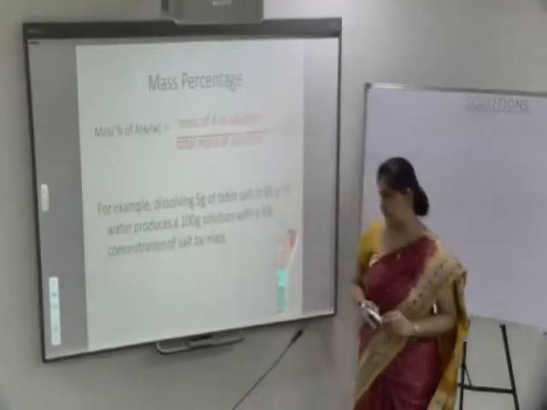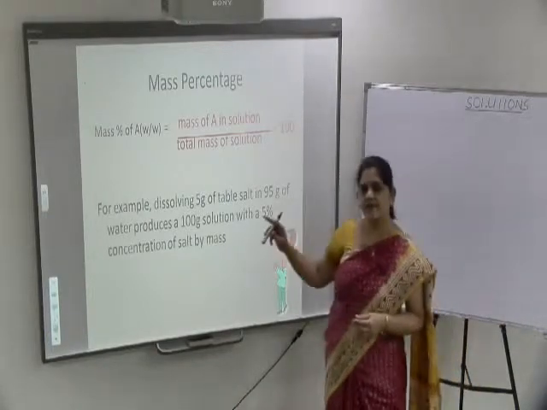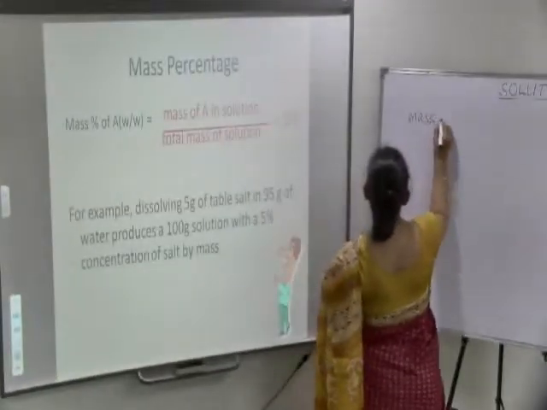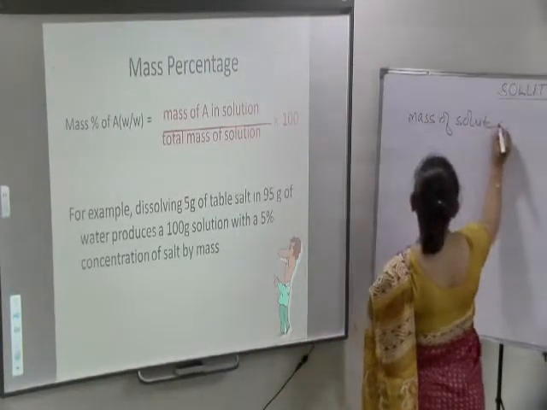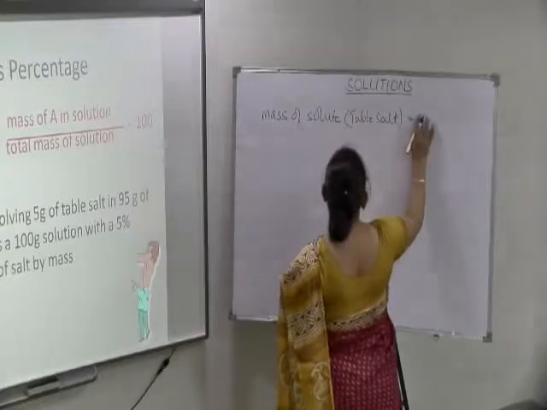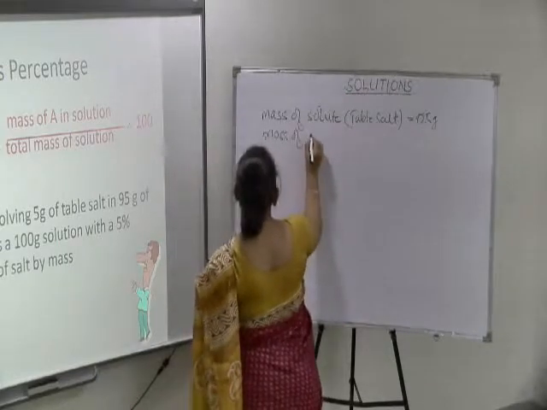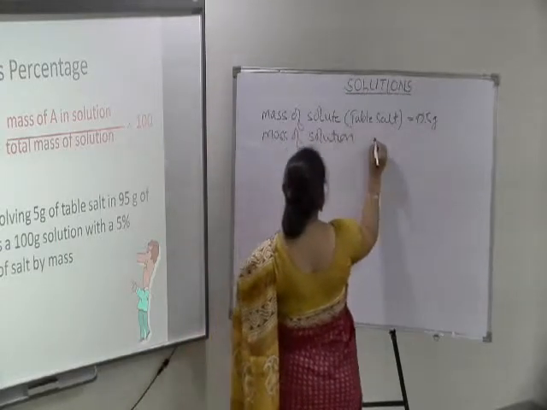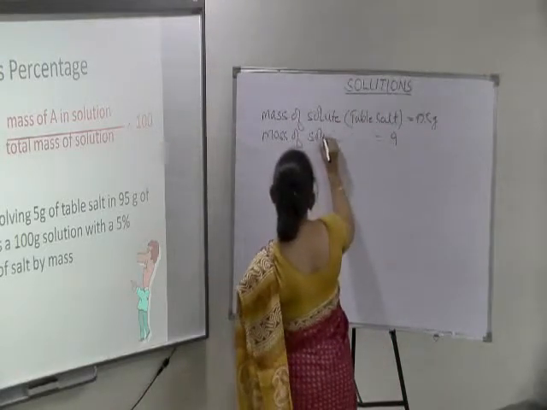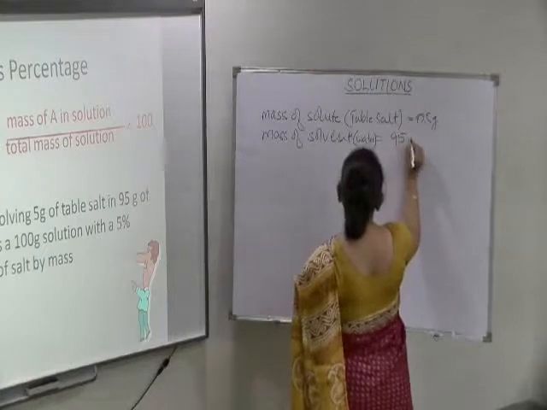The example given over here is dissolve 5 gram of table salt, that is NaCl, in 95 gram of water. So here if you see, you have taken the mass of solute, which is table salt, as 5 grams, whereas the mass of solvent, which is water, as 95 grams.